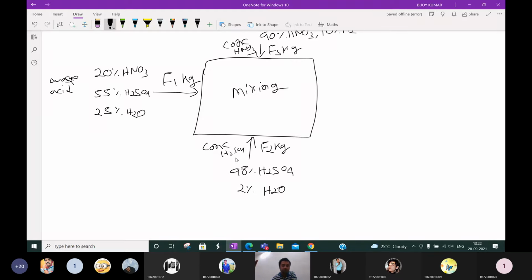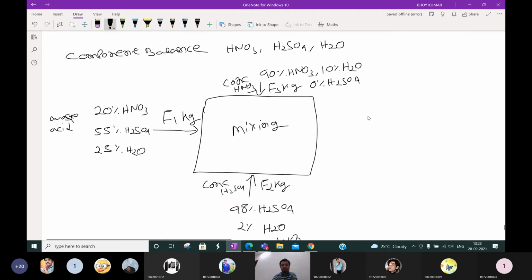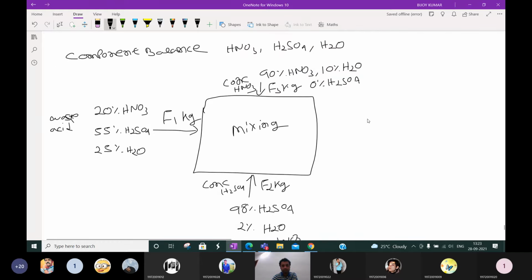So it will have 2% water in it. 98% H2SO4 means the remaining part is 2% water. Here we will have 0% HNO3, and here we will have 0% H2SO4. Is it clear till now? Yes, sir.